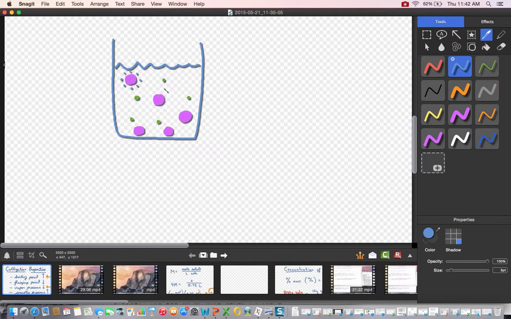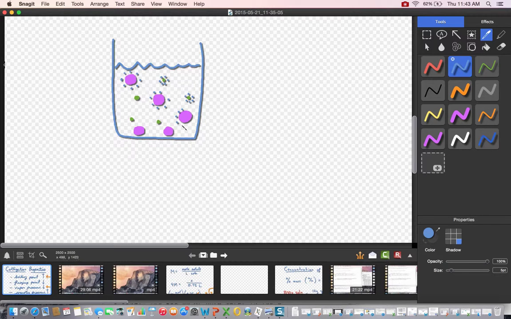And I'm just going to illustrate this in a cartoonish fashion. And then off to the side, I'm going to show more detail. So when you dissolve an ionic salt in a solvent like water, you don't have NaCl.